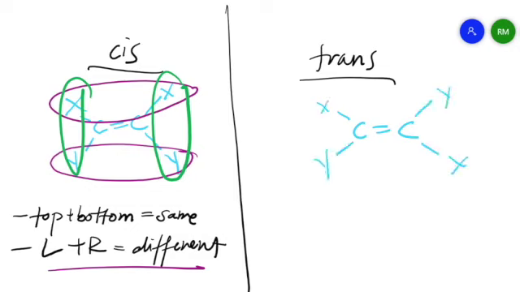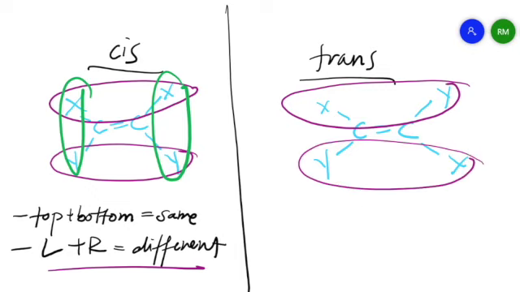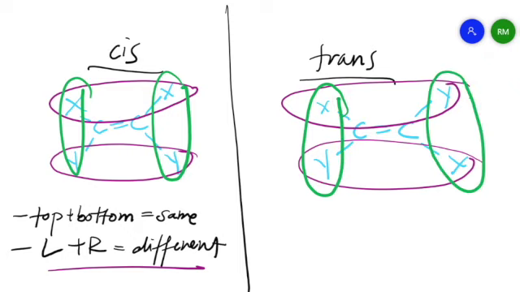This would be a trans molecule because here the top groups are different, so X and Y, and the bottom groups are also different, Y and X. But also importantly, to fulfill the main requirements, the groups on the left are different, X and Y, and the groups on the right are also different, Y and X.